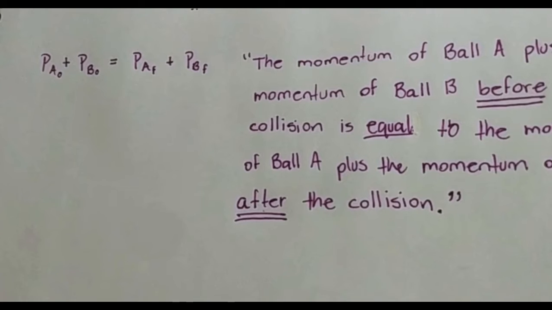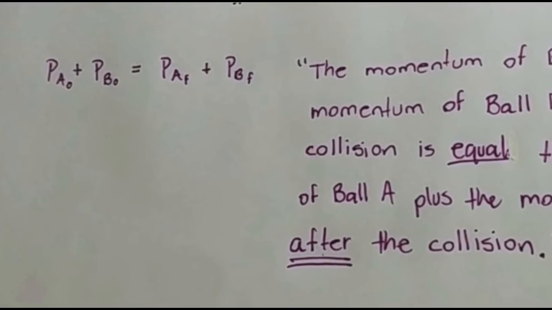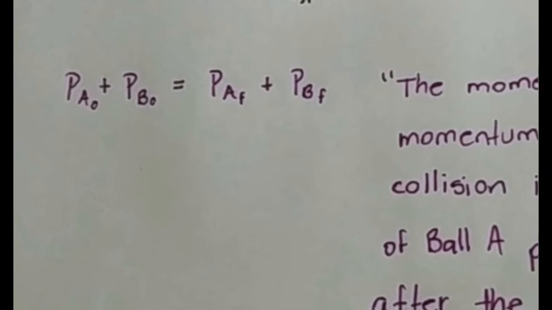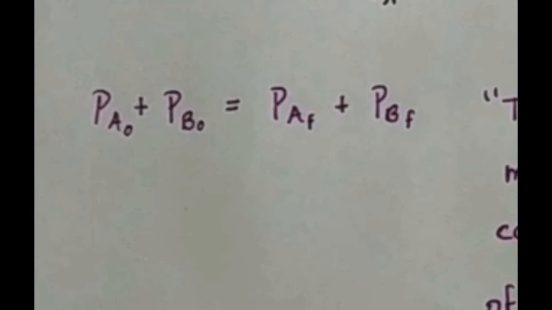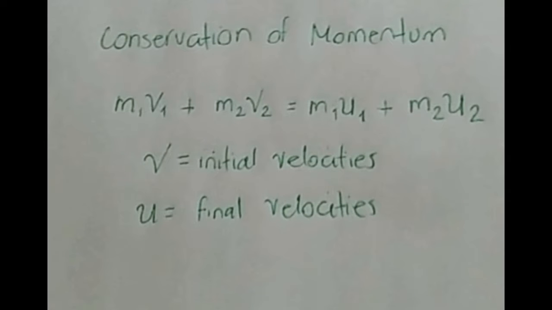And we summarize that in a simple mathematical equation. You know that P means momentum, so initial momentum A plus initial momentum B equals final momentum A plus final momentum B. So expressing momentums in terms of mass and velocity, we have this formula in which we're going to use lowercase v for the initial velocities and lowercase u for the final velocities.